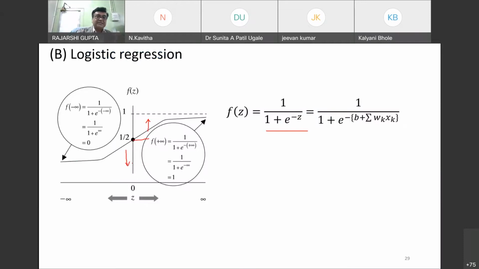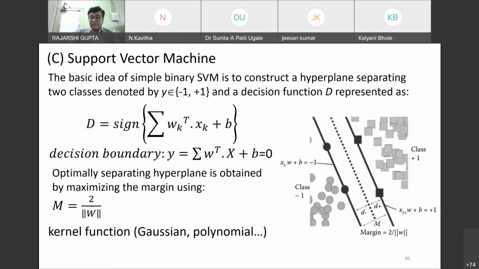So it is very simple to use logistic regression for a pattern classification problem, because this function provides us a value of 0 and 1, and in most binary pattern classification problems these classes are assigned as 1 class or 0 class. So by using a proper threshold, we can use logistic regression as a pattern classification tool.